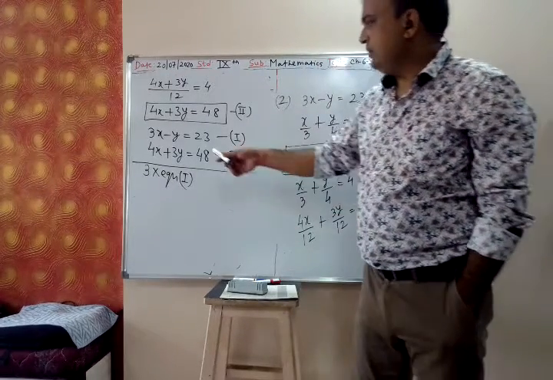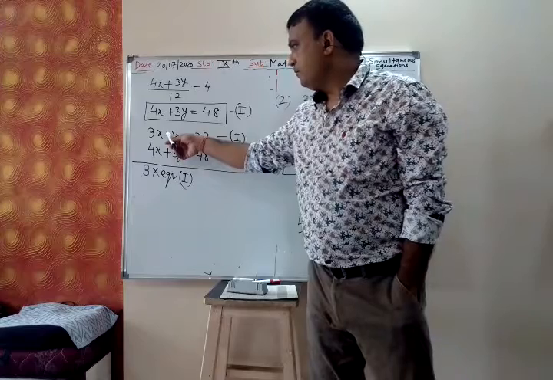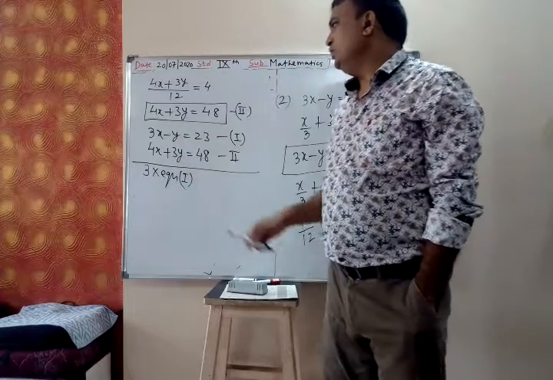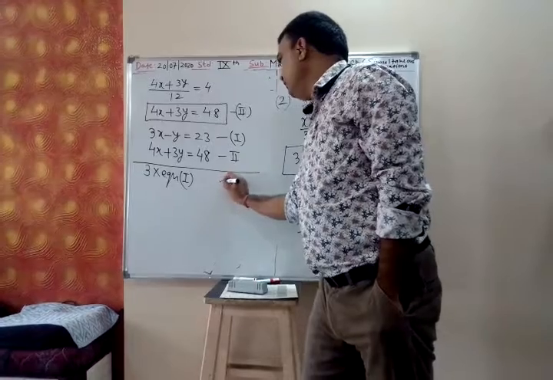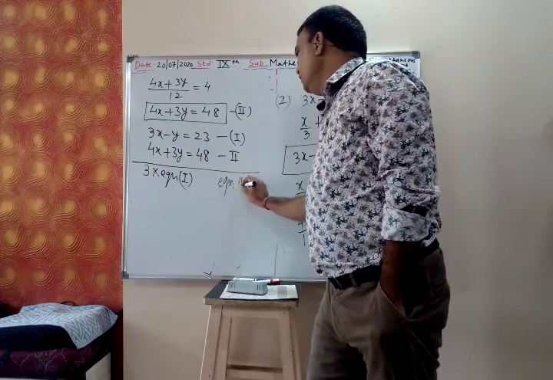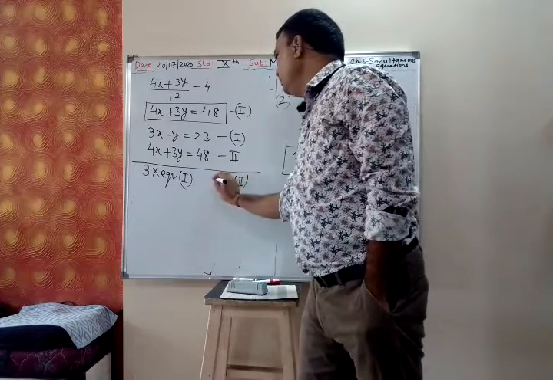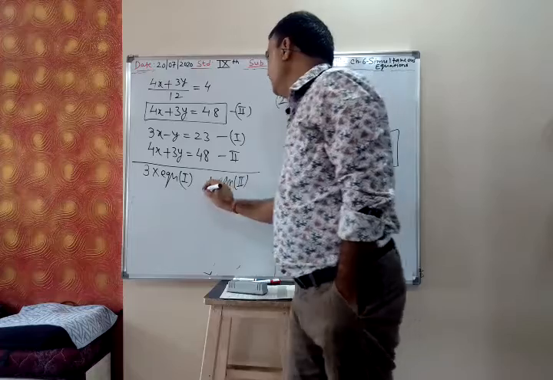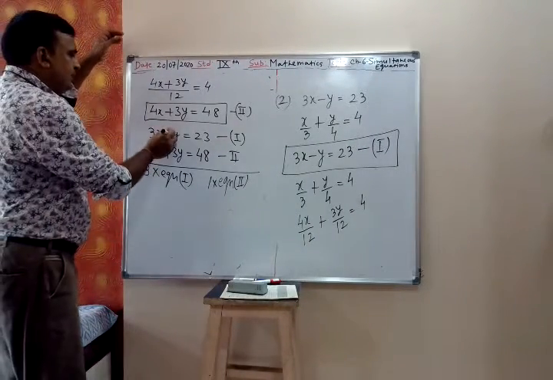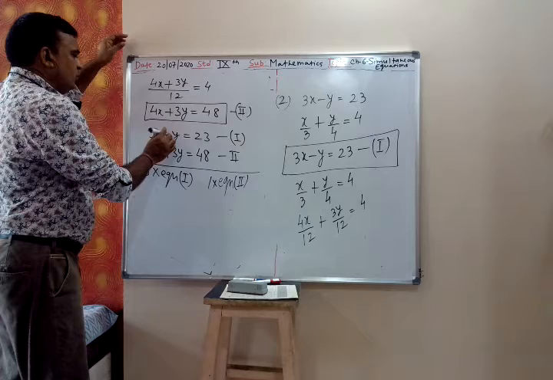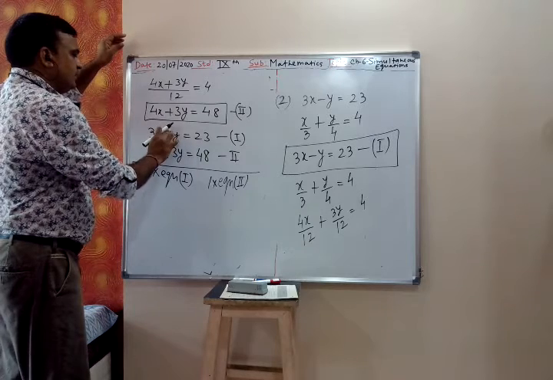Equation 1 we multiply by this coefficient 3, and equation 2 we multiply by 1. Actually y means 1y. Y means 1y, remember.